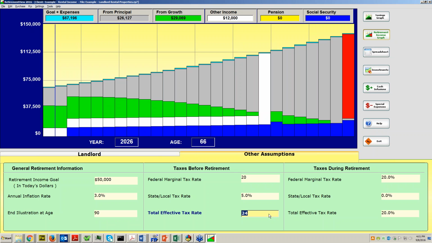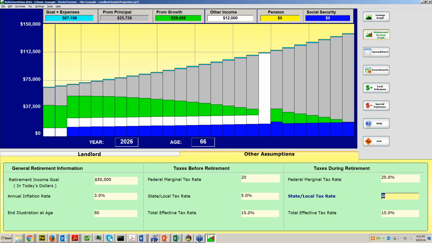You would get your federal and state tax returns, add up the total taxes paid, divide that into your total gross income, and then put the percentage here. So if the amount was 15%, I would enter 15% as a total effective rate, like that. Okay?